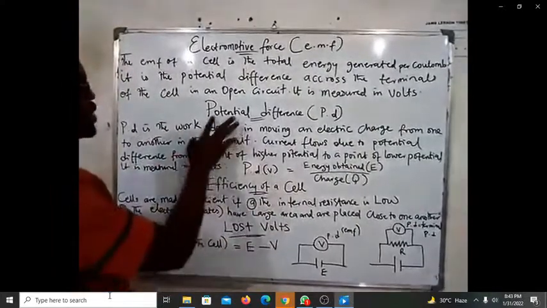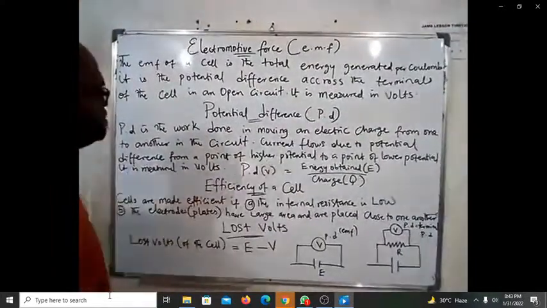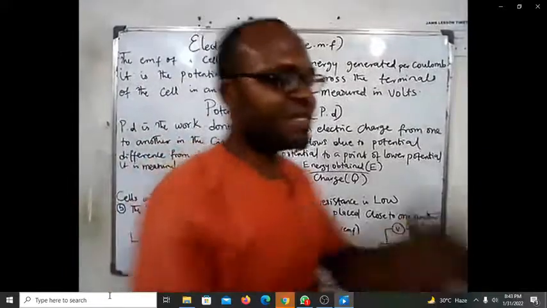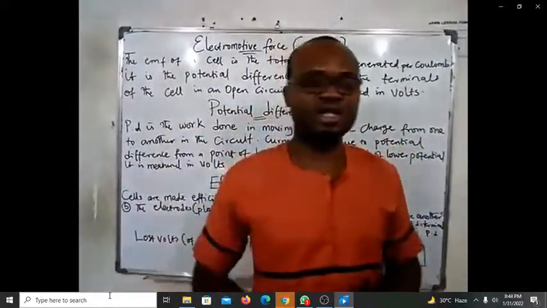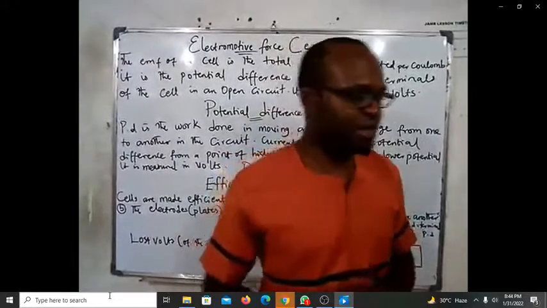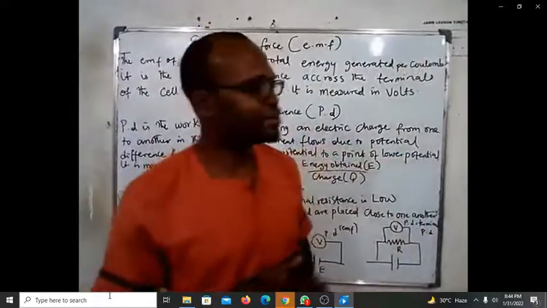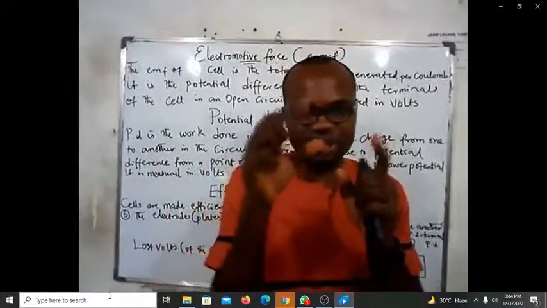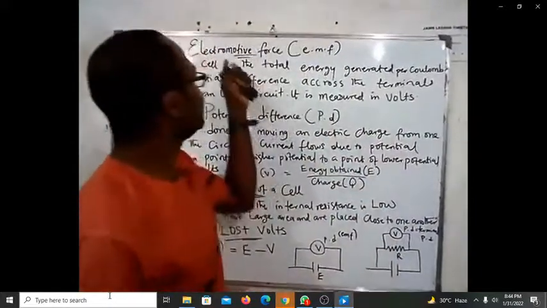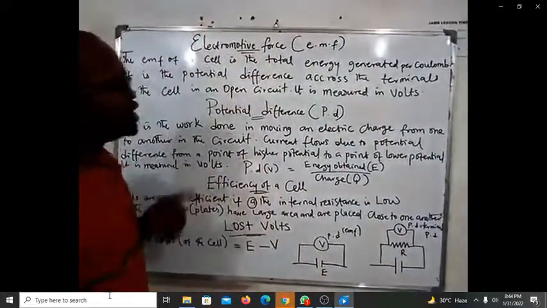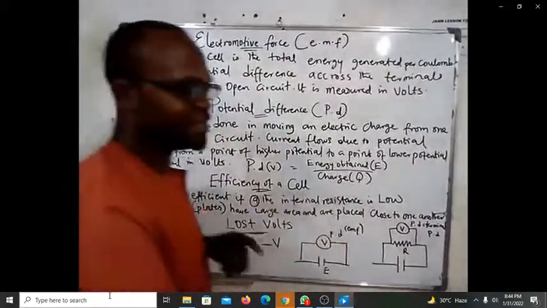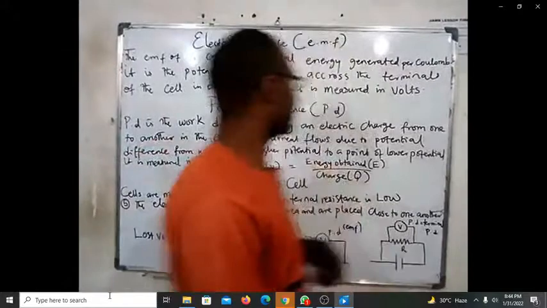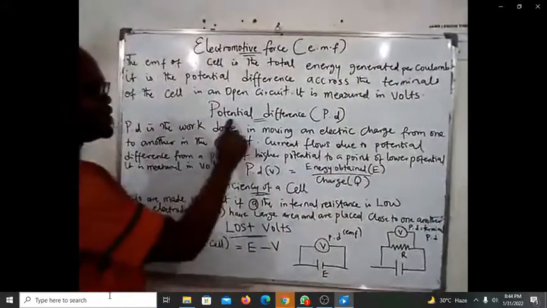Now we look at the concept of potential difference, PD. If the cell is not connected to other electrical instruments or electrical components, the potential difference across the circuit will just be the EMF of the cell. But once the circuit is connected with other things like resistors, capacitors, and other things, then we talk about potential difference.